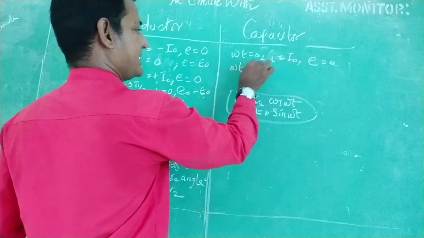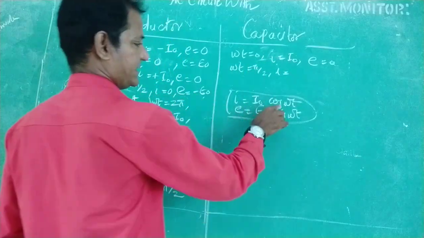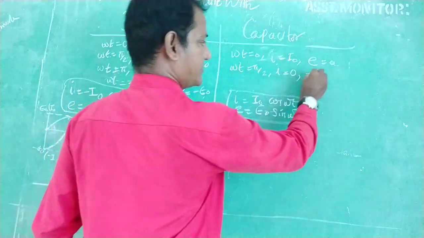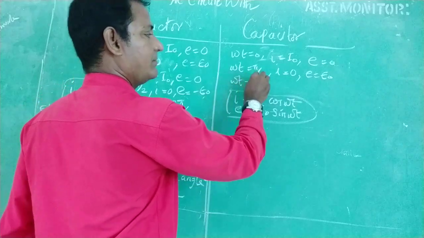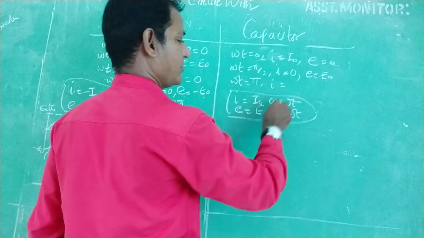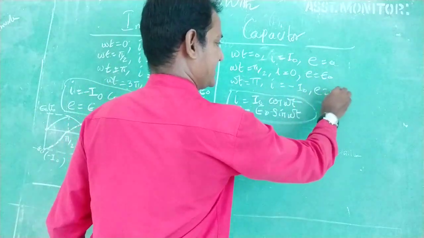When omega t is equal to 90 degree, I is equal to 0. Here sin 90 is 1, so E is equal to E naught. When omega t is equal to 180 degree, then I is equal to, cos 180 is minus 1, so minus I naught, E equal to 0.